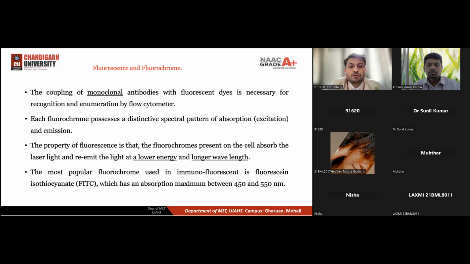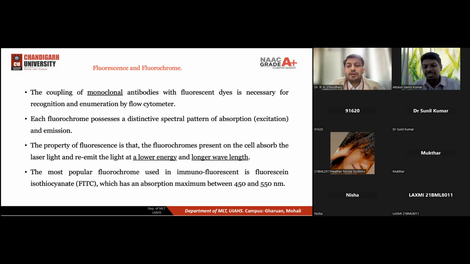The most popular fluorochrome used in immunofluorescence is fluorescein isothiocyanate, or FITC, which has an absorption maximum between 490 to 550 nanometer. This is the FITC color, this fluorescent dye. This is very commonly used for any flow cytometry.